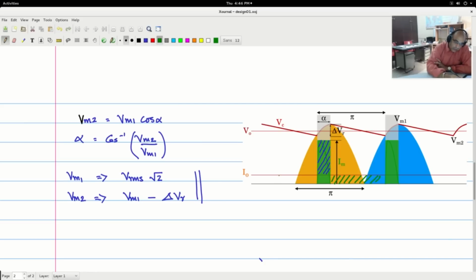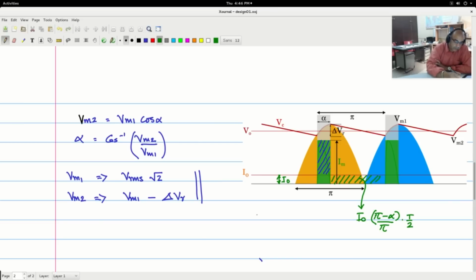So we know that this is I naught, and therefore this would be I naught into (pi minus alpha) by pi into T by 2.